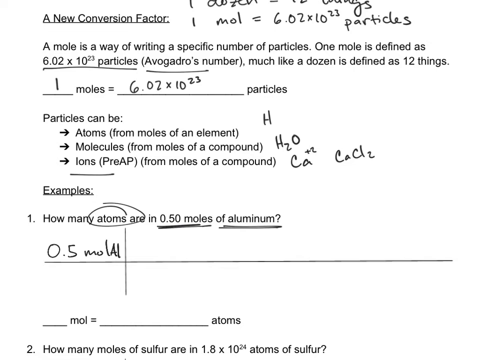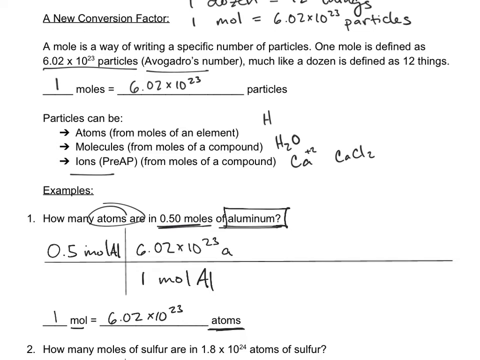So we need a conversion factor that switches from moles to atoms. Luckily, we just learned one. It says that 1 mole, and MOL is the abbreviation for moles, is 6.02 times 10 to the 23rd particles. And since aluminum is simply an element, that is a number of atoms. So we'll say 1 mole, which goes on the bottom to cancel out moles on the top, 1 mole of aluminum is equal to 6.02 times 10 to the 23rd atoms of aluminum.